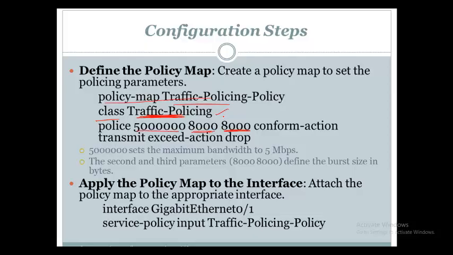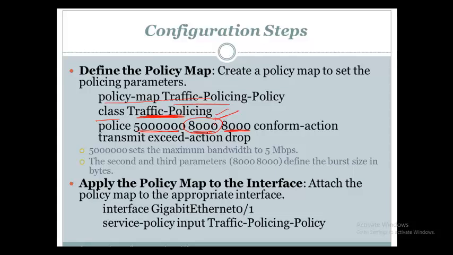And if the traffic is within that 8 kilobit excess, action is transmit. Allow them. If exceeded, this is policing. Drop.